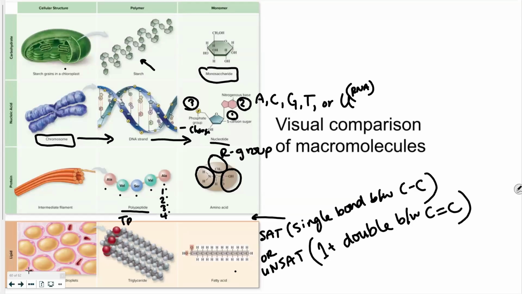Triglycerides and phospholipids are the two important lipids that we talked about. Be able to explain how their structure is similar but different, and then how that changes how they interact with water.